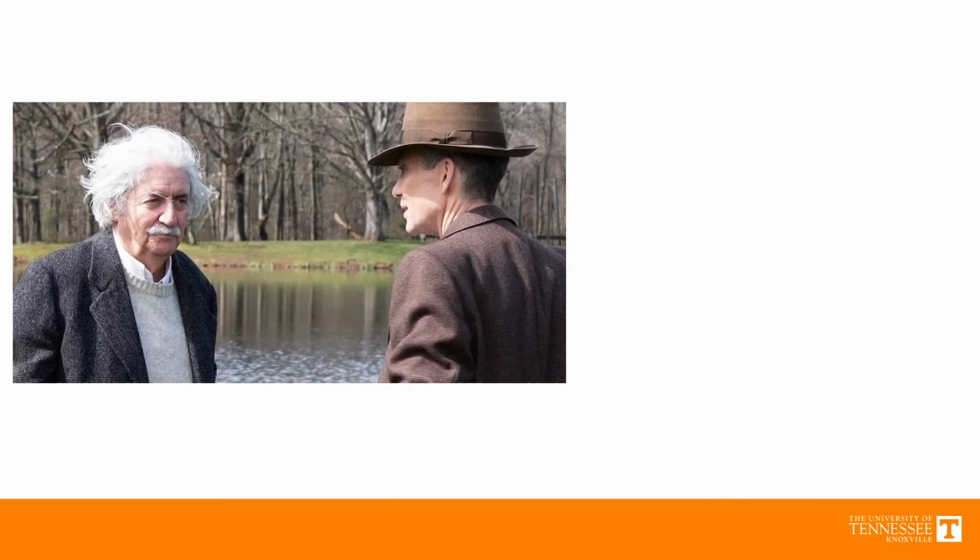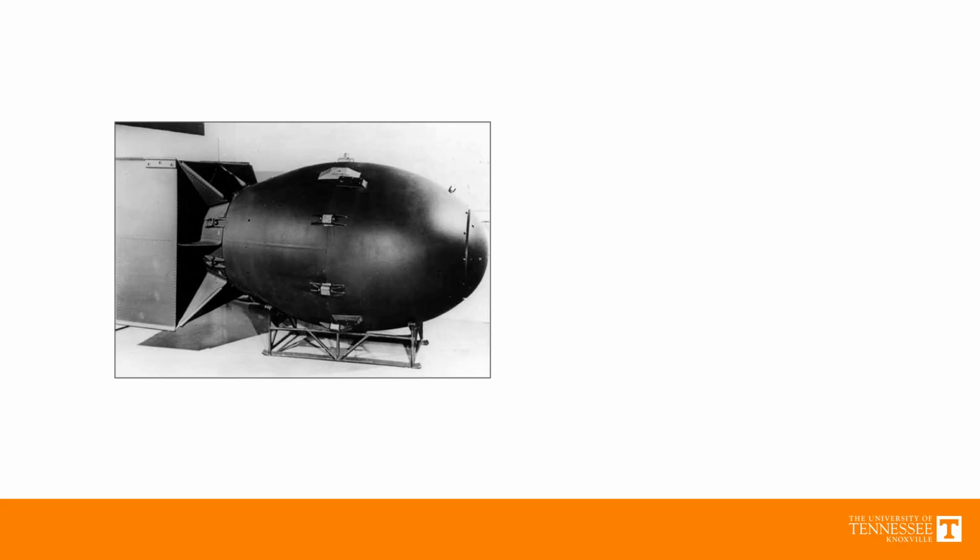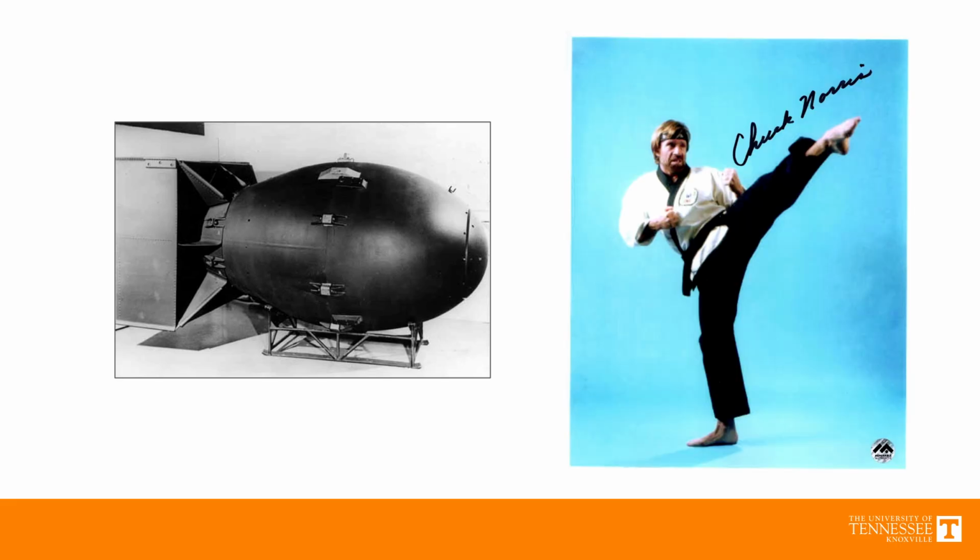And in classic Truman being a nerd fashion, he has the choice between going with these two guys I've never really heard of, one named Einstein, one named Oppenheimer, who have this idea of building this super advanced bomb called an atomic bomb or a nuclear bomb and dropping them on Japan. Or the other option that Truman has is sending in Chuck Norris, the karate guy.